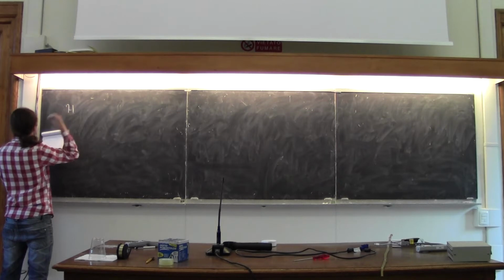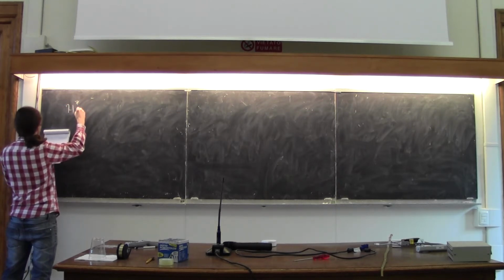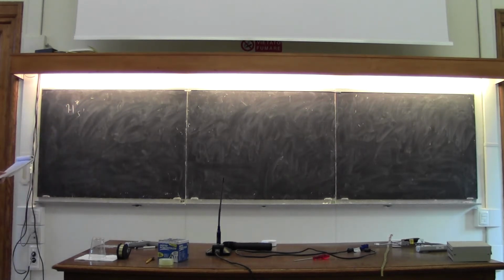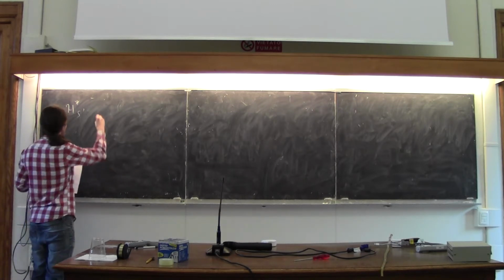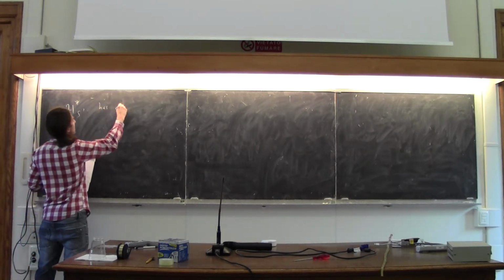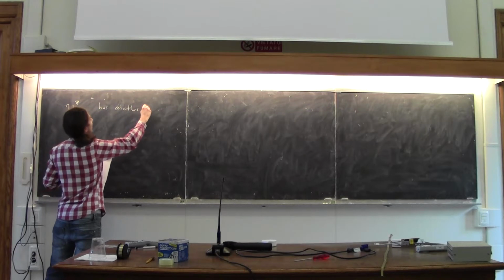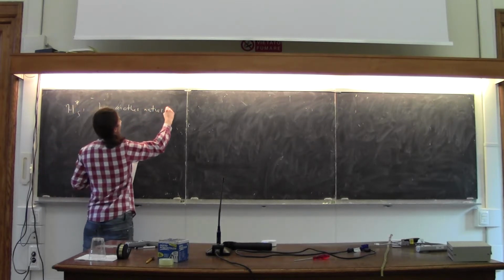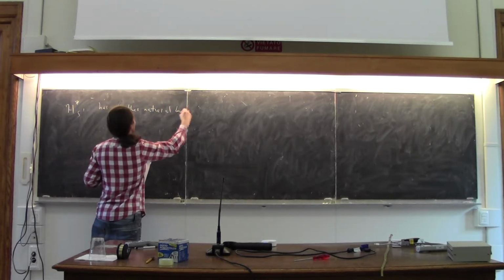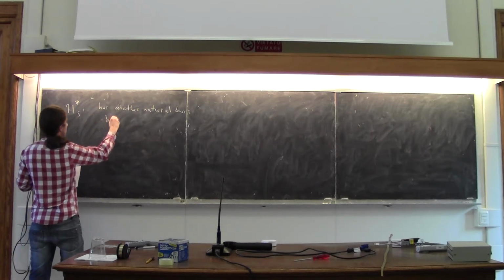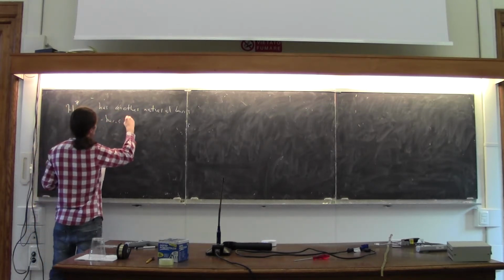So the point is that the space of states for a circle has another basis, the basis of characters of irreducible representations.